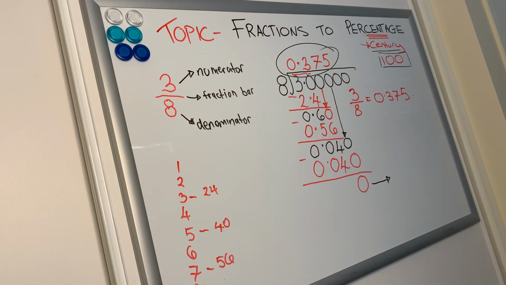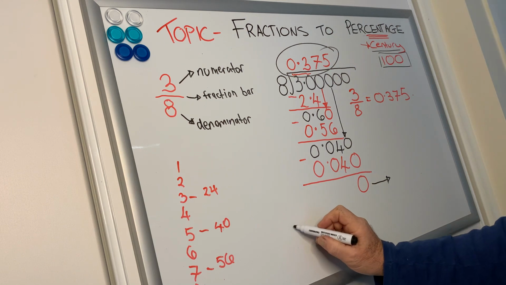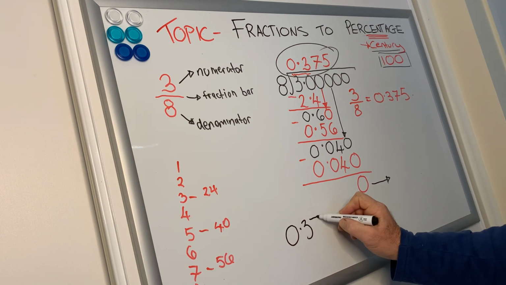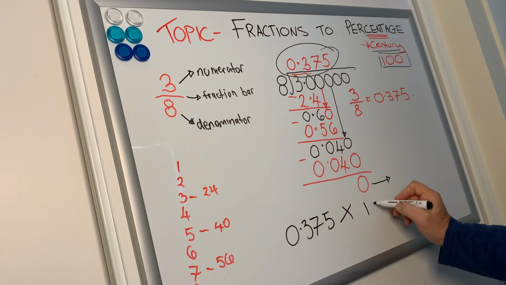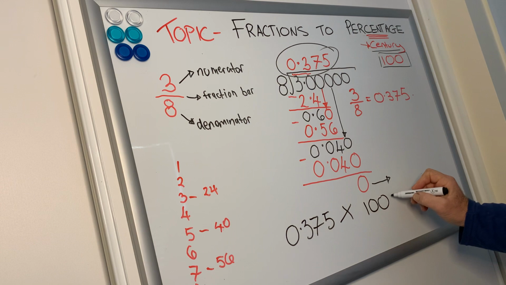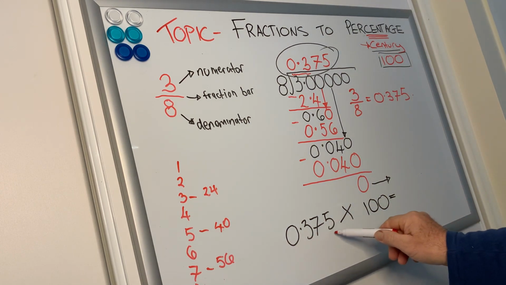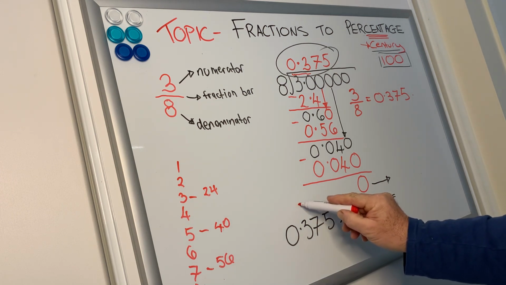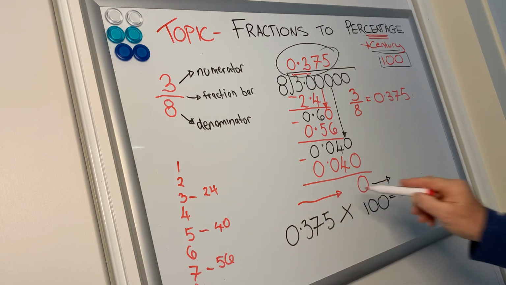So we've got 0.375 times 100. The other way of looking at it is that when you have a small number, which is what this is, times a larger number, it's going to end up a larger number, which means the decimal point is going to go to the right.